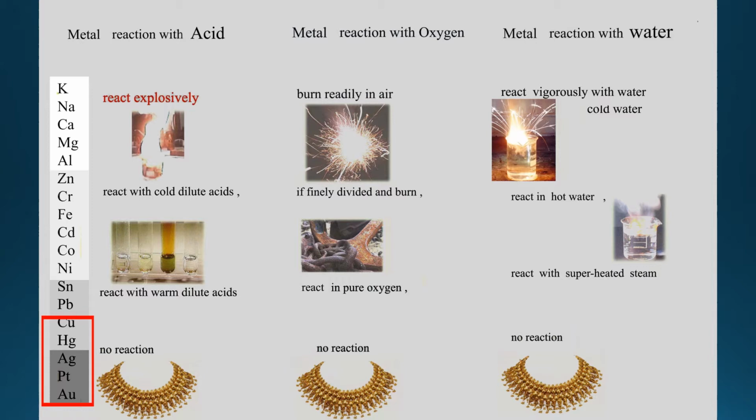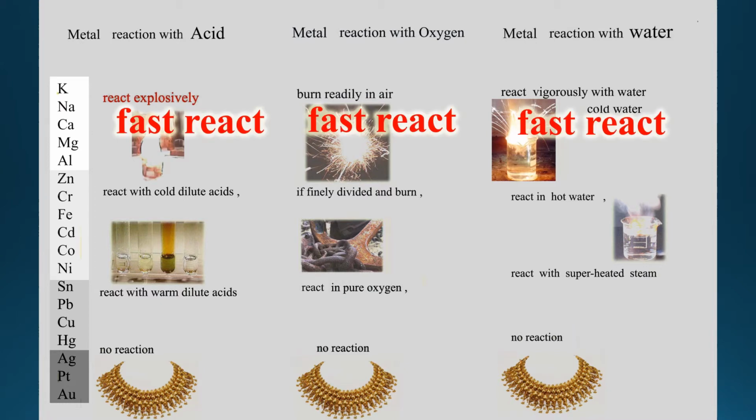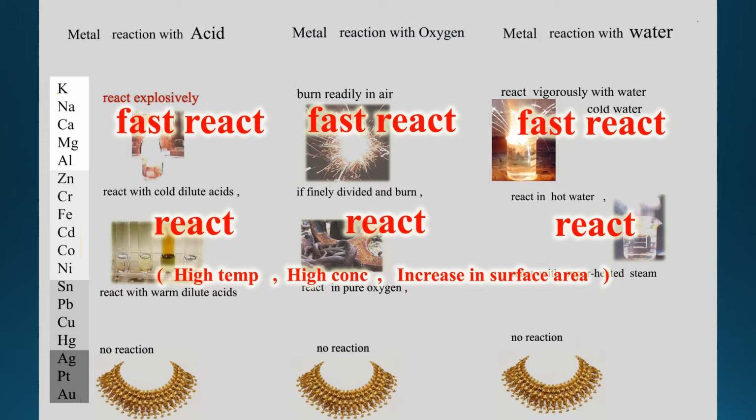So this concludes that the activity series corresponds nicely with the ionization energy. The top group reacts fast. The middle group reacts but is quite conditional. They need high enough temperature, high enough concentration, or enough surface area to contact and react.